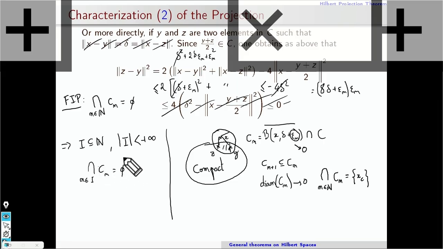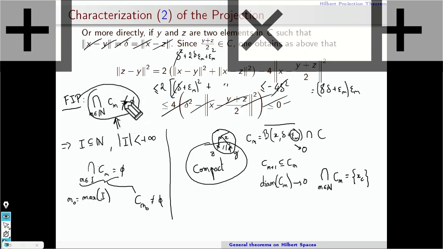So we just use the usual characterization with open subsets and take the complementary. But here, if I denote n0 the maximal index in I, because those subsets are nested, this intersection will in fact be equal to Cn0. And because epsilon is positive, this intersection is non-empty. So by contraposition, every finite intersection is non-empty. It implies that the whole intersection is non-empty.